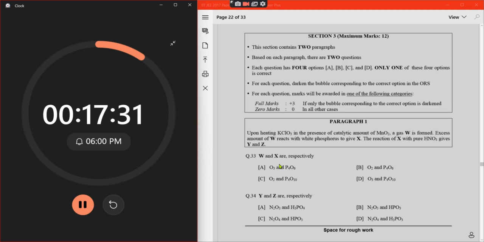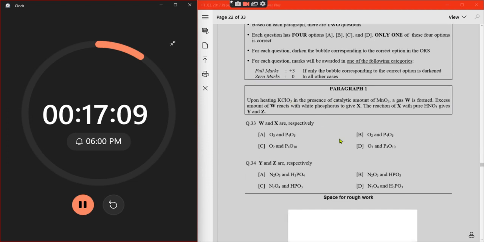Unless you're using it as an oxidizing agent. I'm pretty sure it uses O2. Yeah, you don't use ozone, you use oxygen, right? Yeah, we use this for production of pure O2, I think.